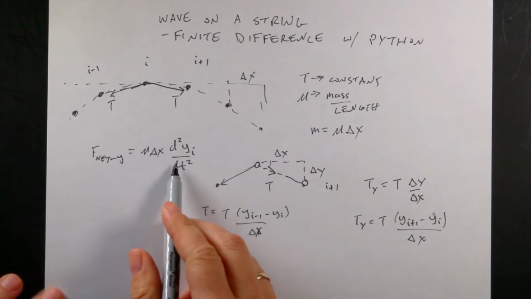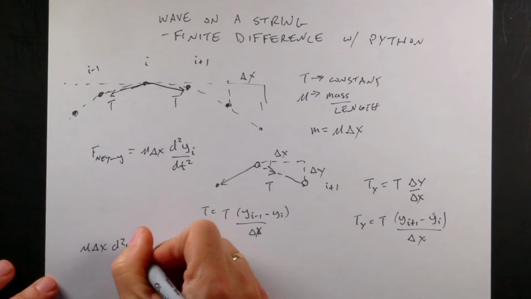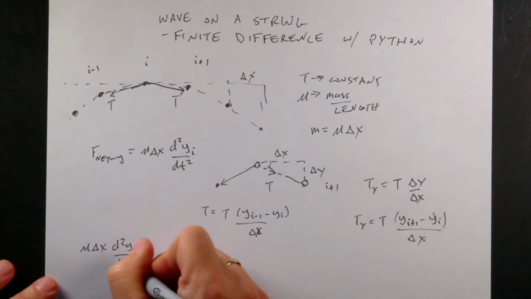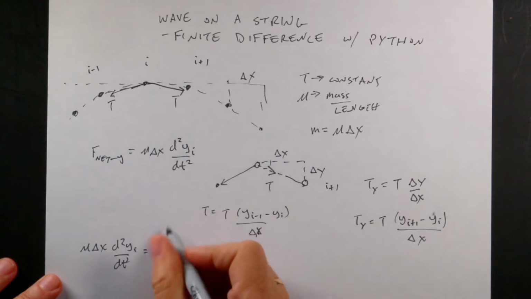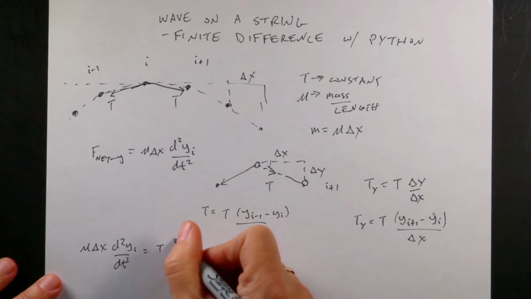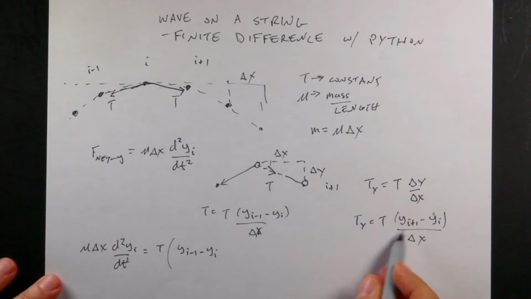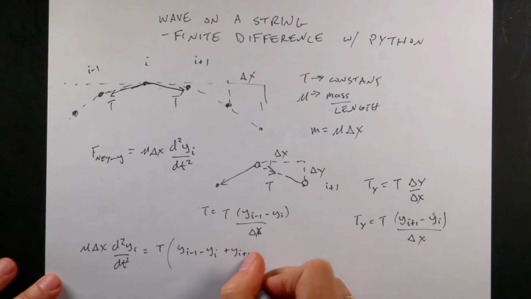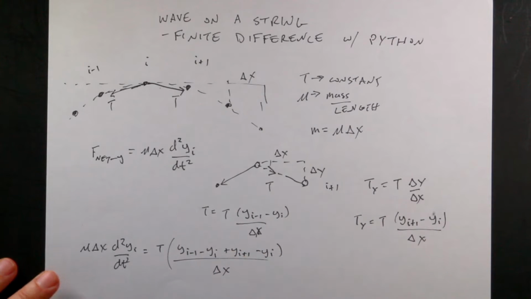So if I put that in up here, I get mu delta x, second derivative of yi with respect to t, is equal to the total, which is just going to be T times, I'll put these together, yi minus 1 minus yi, plus yi plus 1 minus yi, all of that over delta x. Okay, so now let me just divide both sides by this, and I get the following.